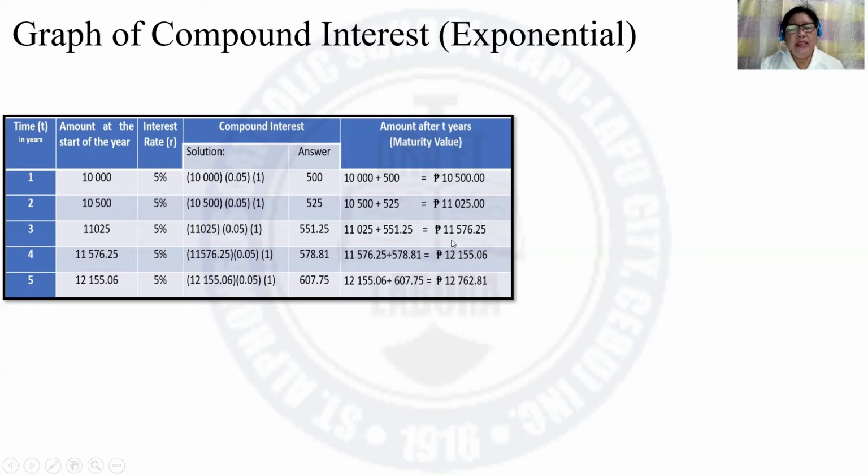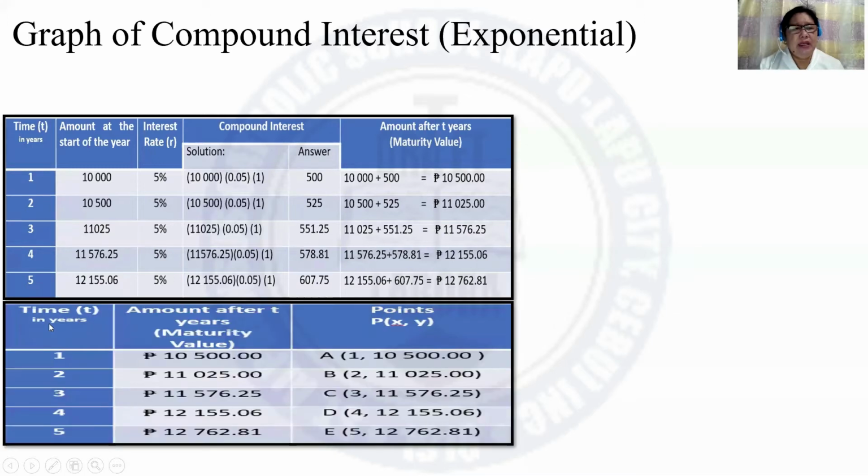After 3 years, 11,576.25. On the 5th year, the maturity value becomes 12,762.81 pesos.